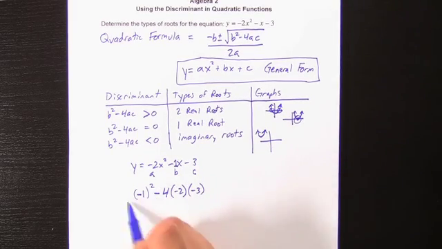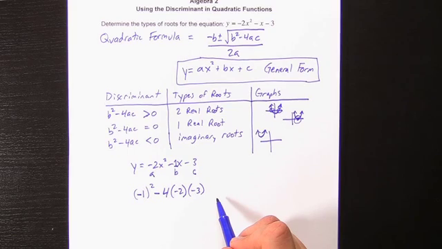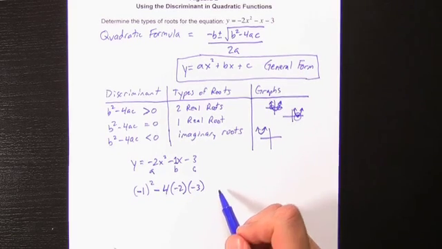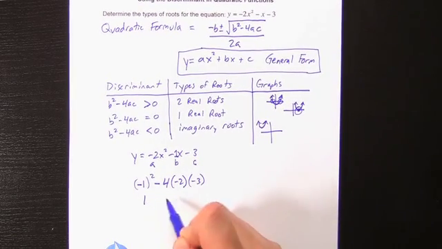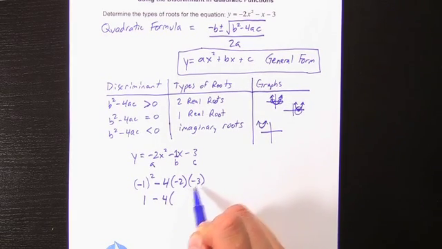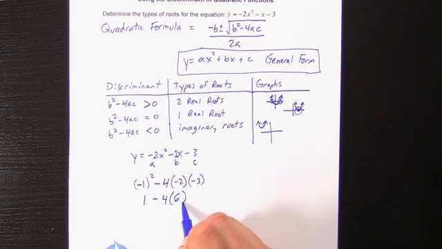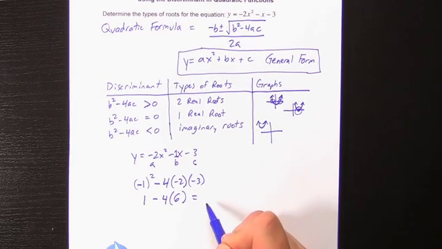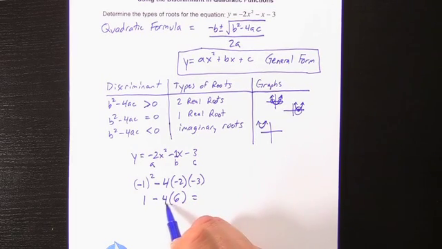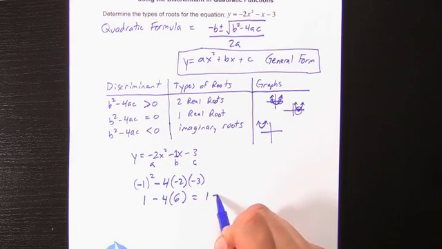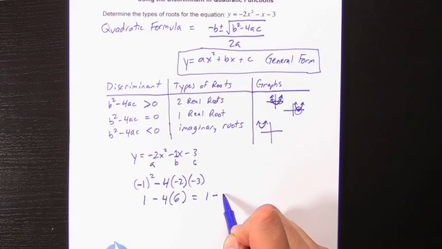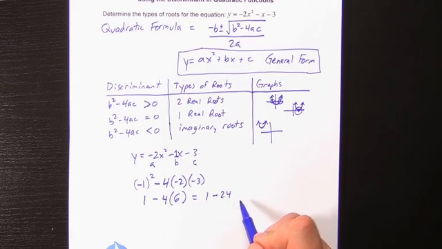So if I figure this out, I can determine what kind of roots I have for this equation. So negative 1 squared is positive 1, and I'm going to multiply these two together. Negative 2 times negative 3 gives me positive 6. And from here, I can multiply negative 4 times 6, which is negative 24 in this case.